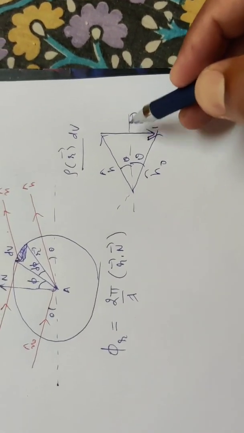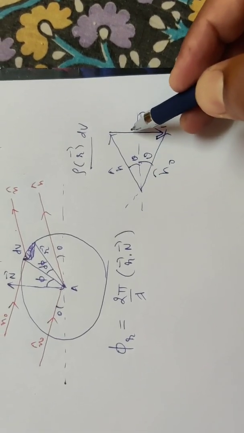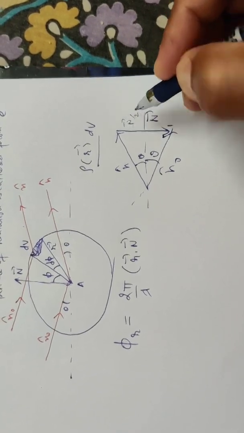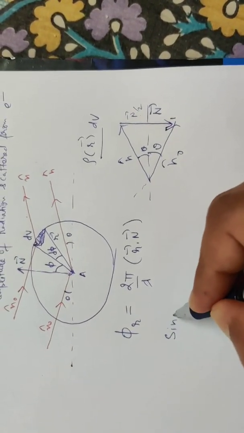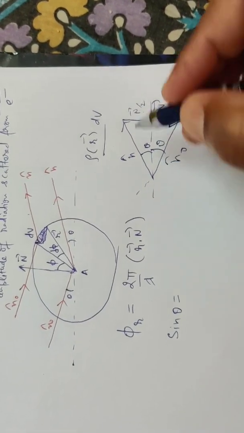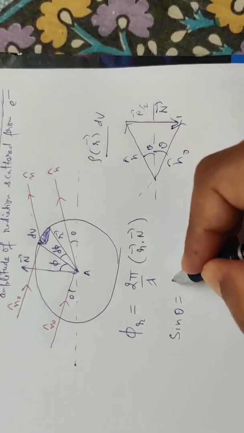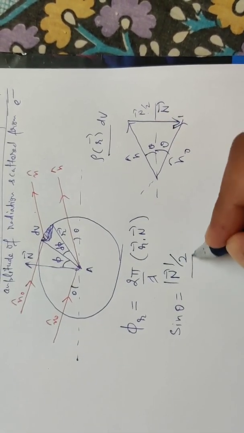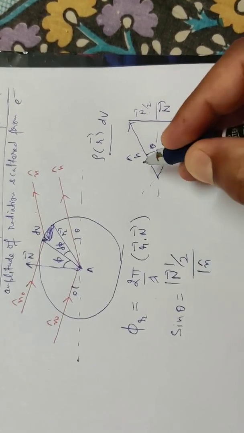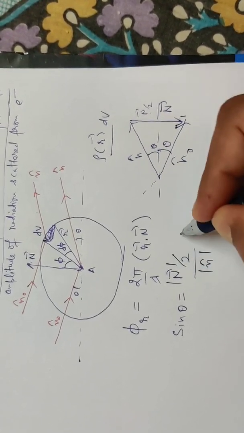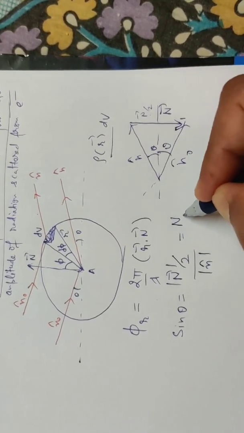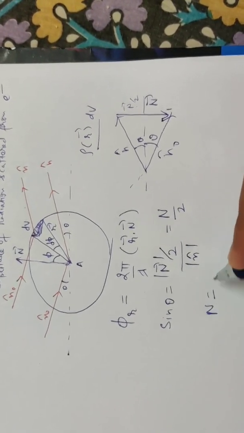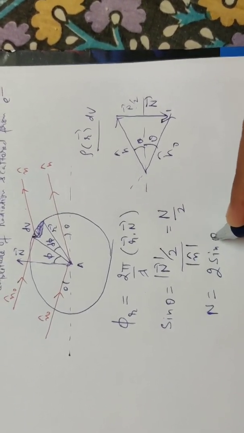This is the perpendicular, this is the hypotenuse, this is the base. Since this is n, this will be n by 2. Therefore sin theta equals n upon 2, because the magnitude of the unit vector is equal to 1. Therefore n will be 2 sin theta.